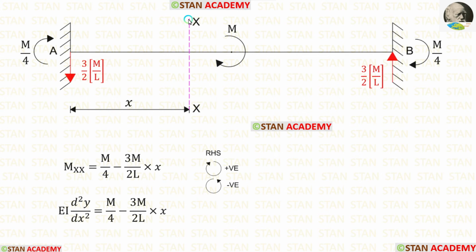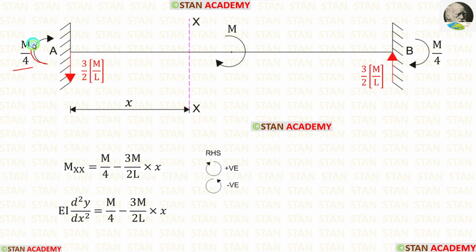Let us make a section XX at a distance of x from the point A. In this section, let us find the moment. We are going to find the moment from the point A. In this case, we are moving towards right hand side. Clockwise will be positive and anti-clockwise will be negative.